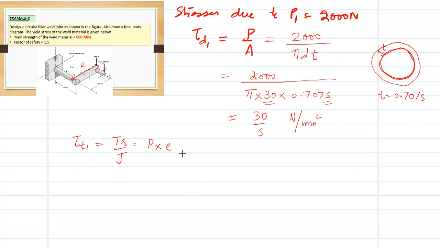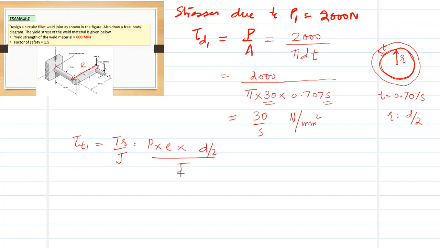P into E, and what is R? R is the distance from the centroid to the root of the weld, which is nothing but the diameter of the rod. So R is equal to D by 2. So that is D by 2, and J is taken from the table.